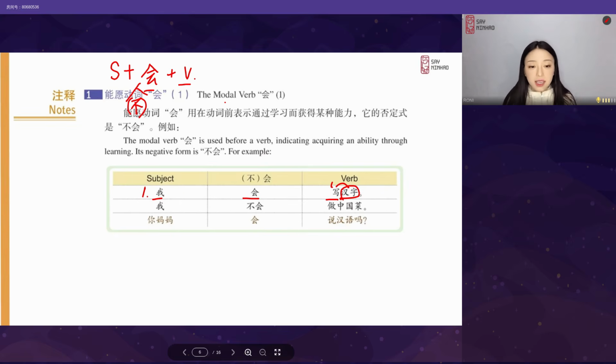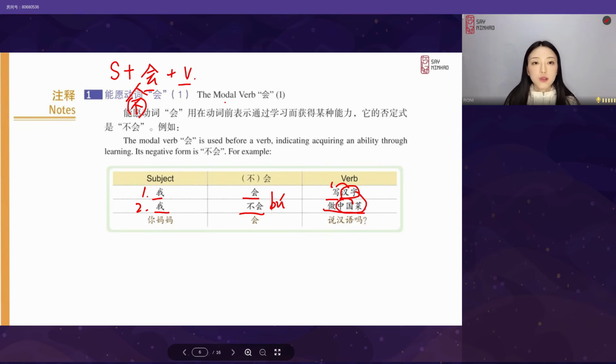Let's see the second example. 我不会做中国菜, I can't cook Chinese dishes. 我 is the subject, the one doing this thing. 我不会 means I can't, the negative form of 会. 做中国菜: 做 means make something, 做菜 means cook, so 做中国菜 is to cook Chinese dishes. I cannot cook Chinese dishes.